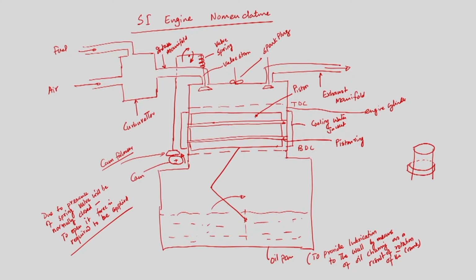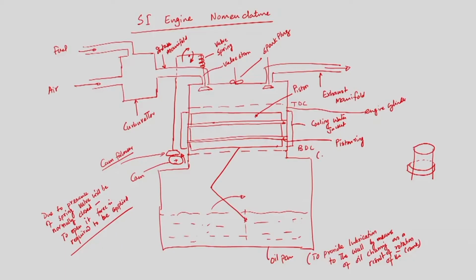Piston is very costly, so piston ring is provided. It is also leak proof. It won't allow combustion product and fuel to come down anyway. So it prevents wear of the piston, because whenever friction is there, it is between piston ring and the cylinder. So instead of replacing piston after some time, we can replace only the piston ring so that the piston life is increased. This is what.